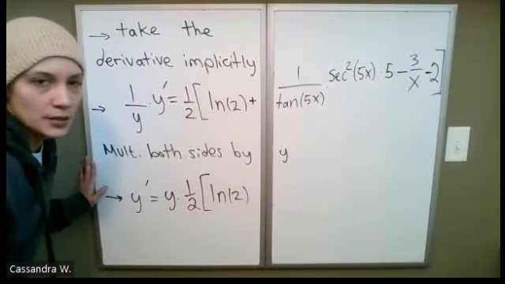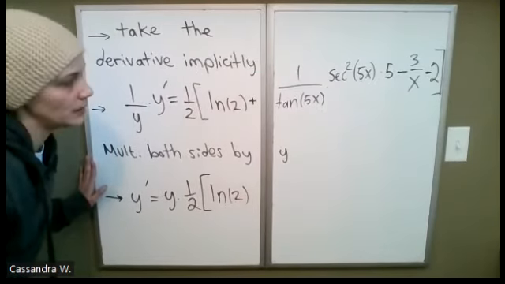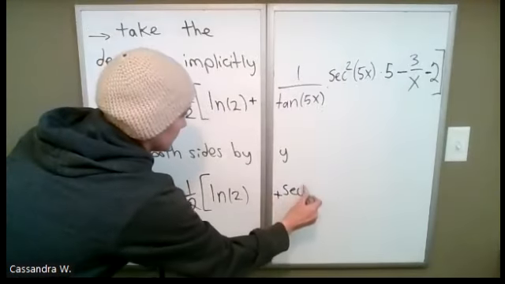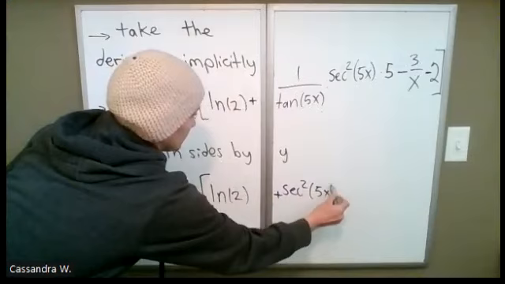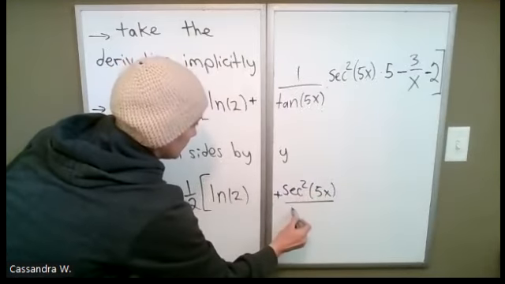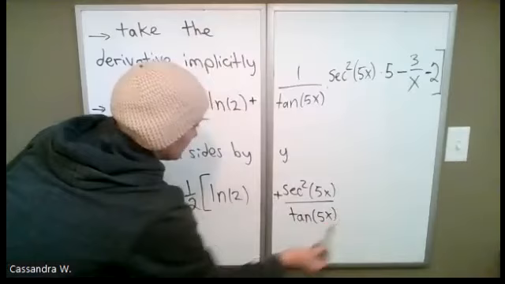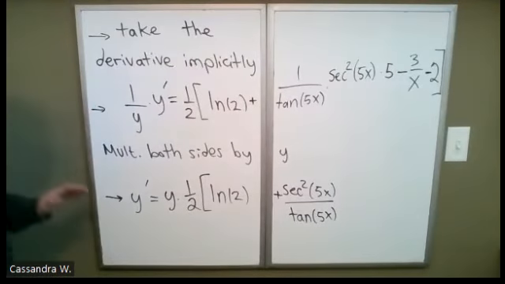Plus secant squared of 5x over tangent of 5x, times 5.